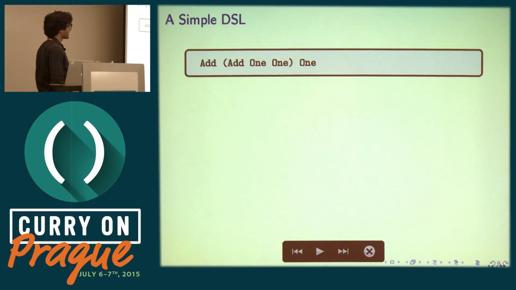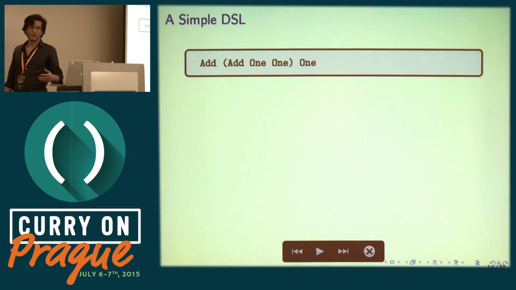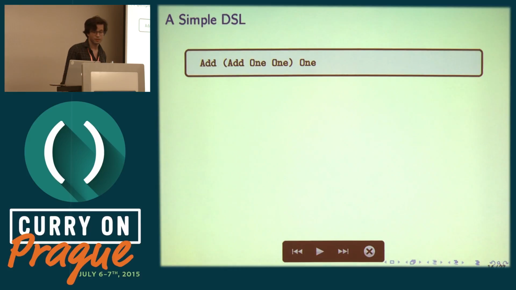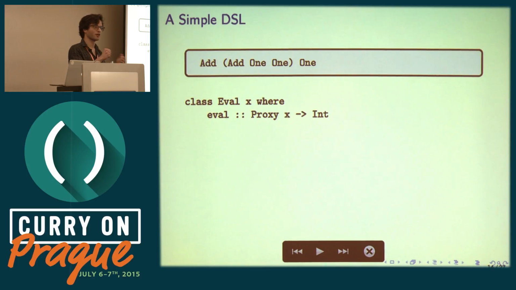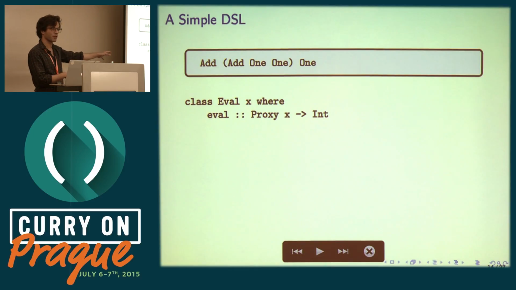So let's try again. Let's imagine how we would interpret this as a type. It turns out that the answer isn't that much more complicated. We write a class that represents our interpretation function. We need a value-level proxy to figure out which instance to pick. And we give the same signature that we had before, almost.